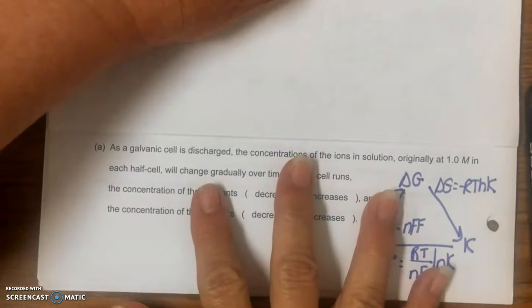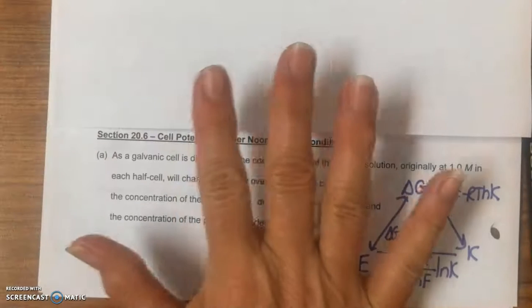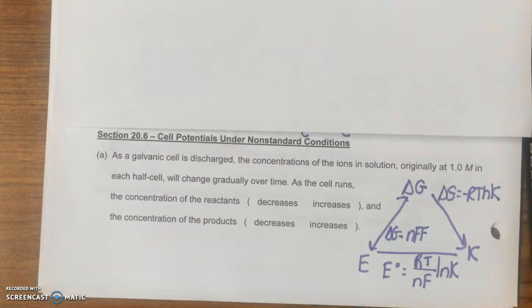Okay, now when we did all of those reactions, we did those under standard conditions: room temperature, 1 atmosphere, and 1 molar. But sometimes the concentrations in the half cells of our solutions are not 1 molar.